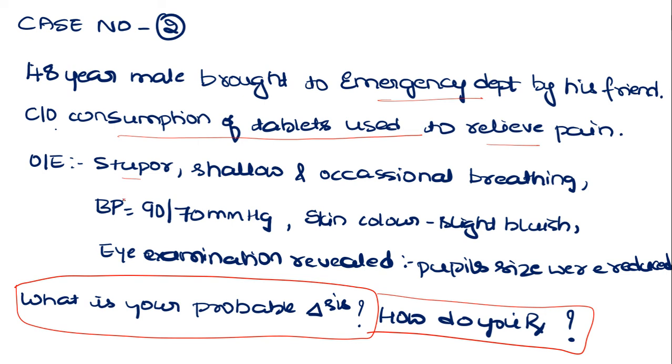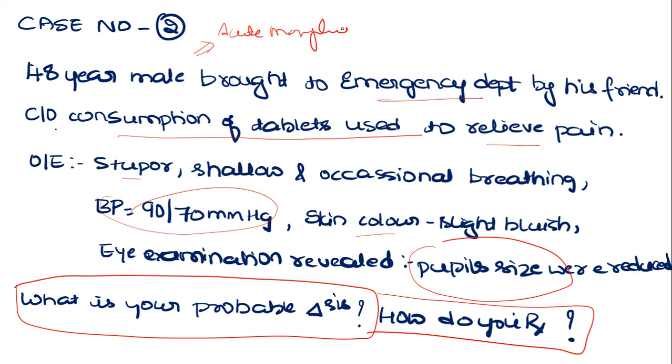All these features, hypotension, skin color, especially the pinpoint pupil, all go towards the diagnosis of acute morphine poisoning. Here the antidote will be injection naloxone. It has to be given 0.4 to 0.8 milligram IV. So this will be the specific antidote, which is an opioid antagonist.